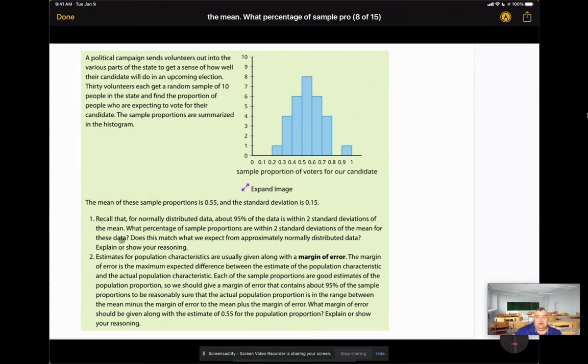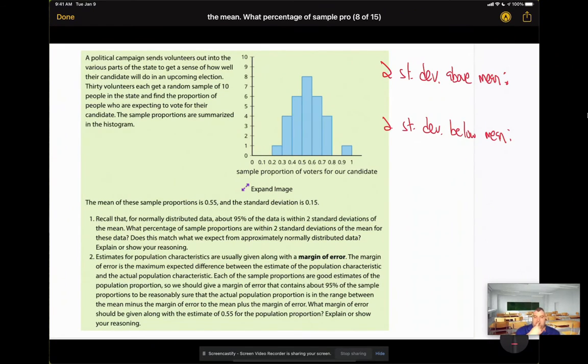So if we want to find how much is within 2 standard deviations, the first thing I need to do is find the value that represents 2 standard deviations above the mean, and the value that's 2 standard deviations below the mean.